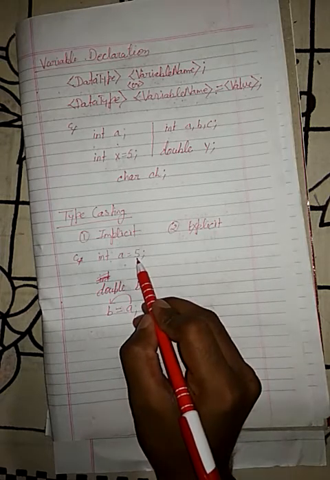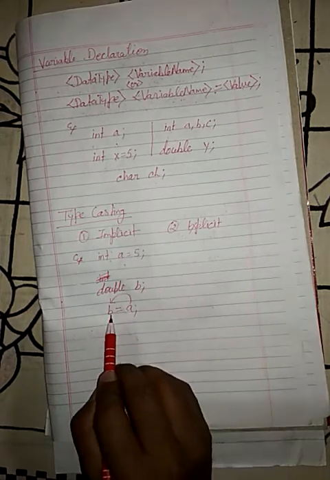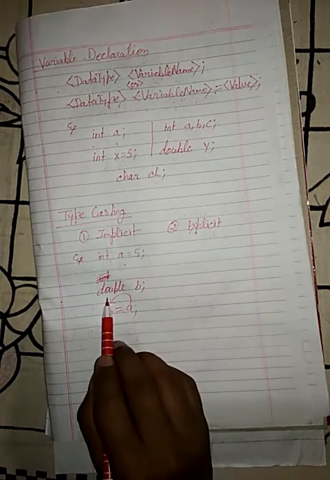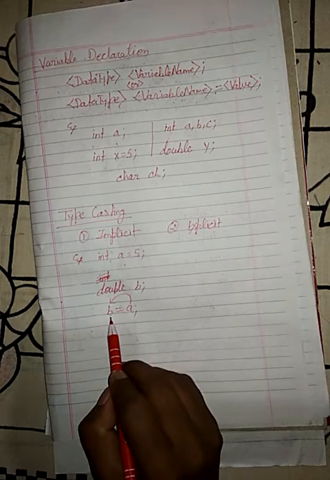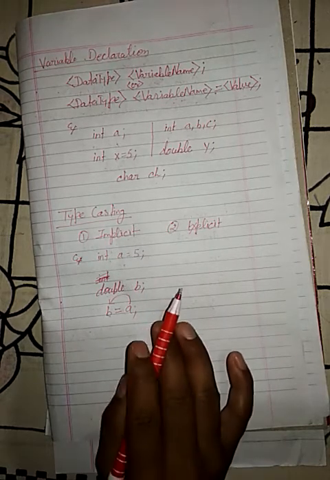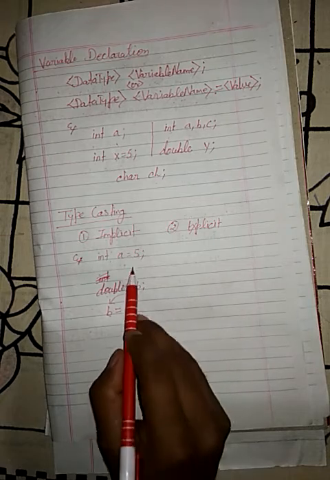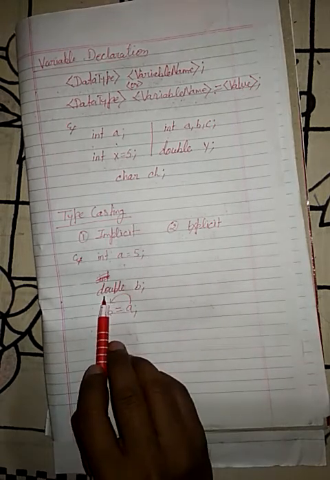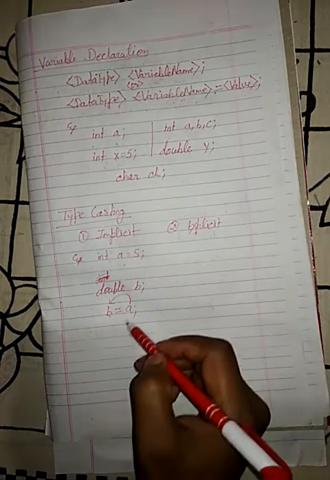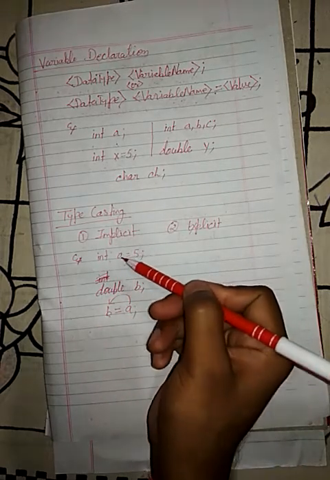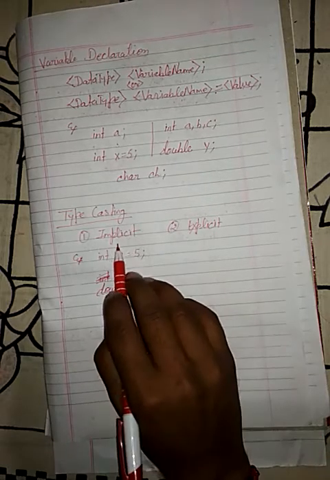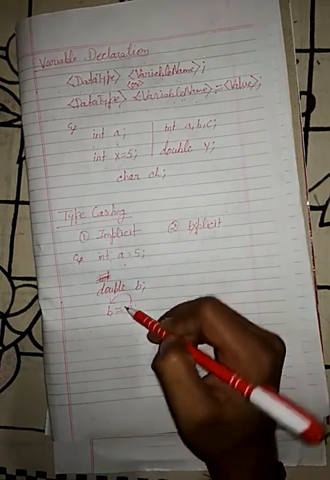Now this 5 is going into b, and b is of double type, so this 5 becomes 5.0. It means this value will become a double value or a decimal value. This normal integer value is automatically converted into a double value. This is called implicit typecasting because it is automatically converted.